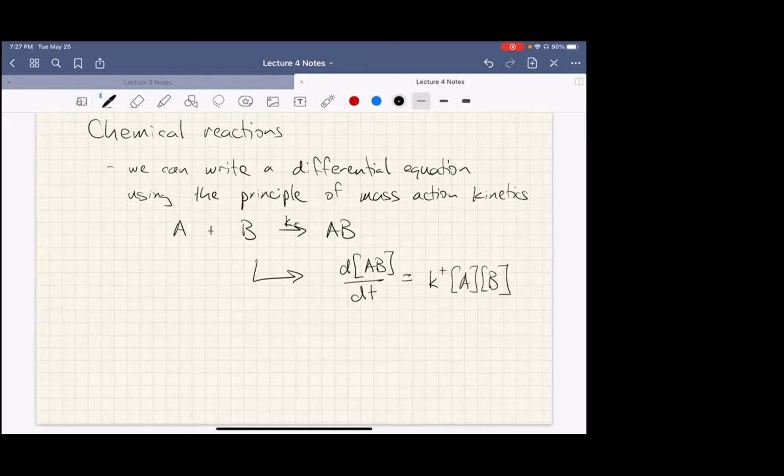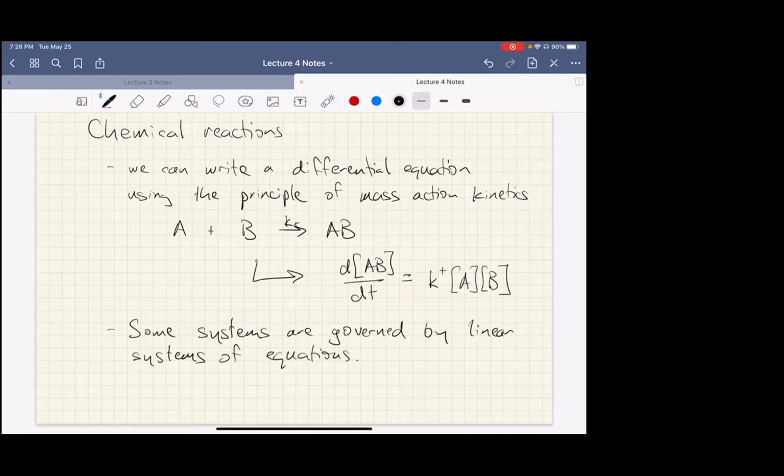We also saw that some systems are governed by linear systems of equations.